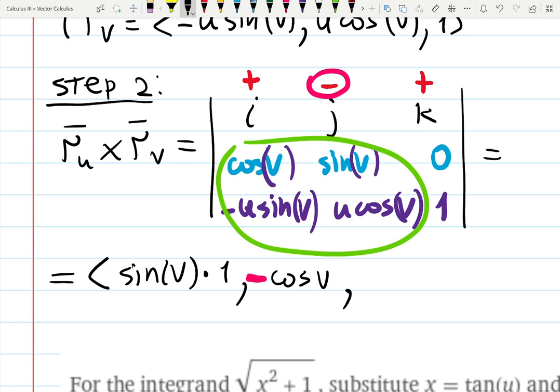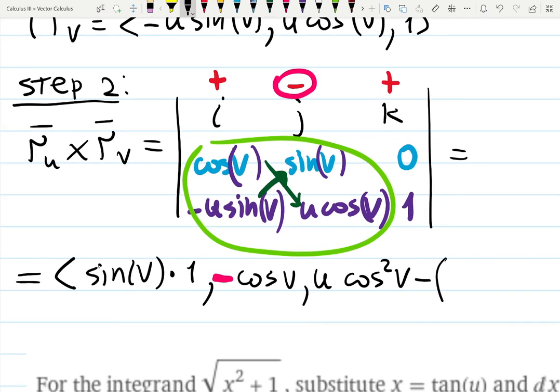Cosine v times u. Cosine v. Remember cross product. Cosine v times u cosine v. So that is what? U cosine squared, right? Minus, and then you have u sine times sine. U sine squared, correct?